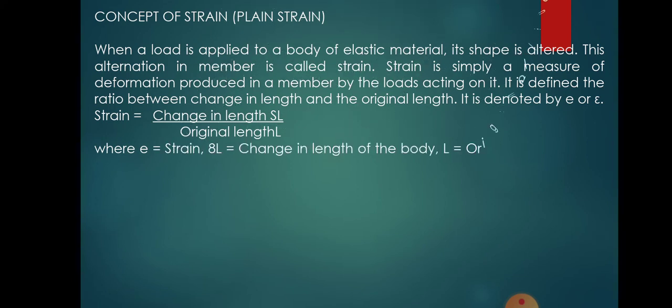In a simple way, you can define the strain as the change in length to the original length. See here the size of the member before applying a force or load. Then you have to take the ratio between the change in length, after applying a force, to the original length, where epsilon is nothing but strain.